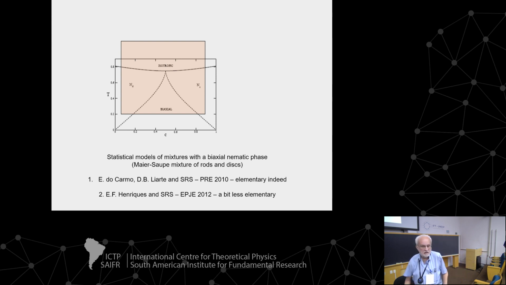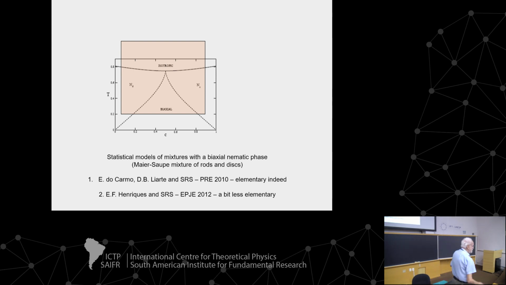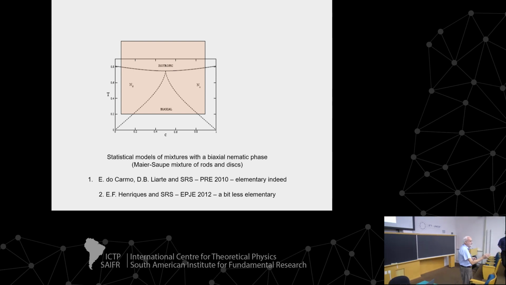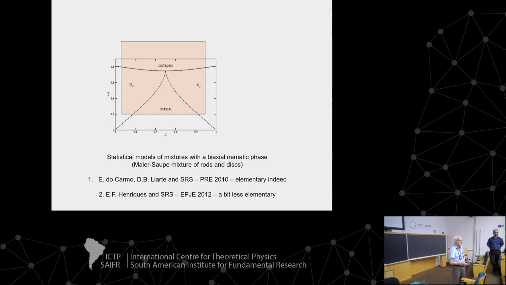But then I realized that there is another paper by Vera Henriques and her student, Eduardo. And the paper is just the opposite of this. There was no possibility in this mixture to have a biaxial phase.